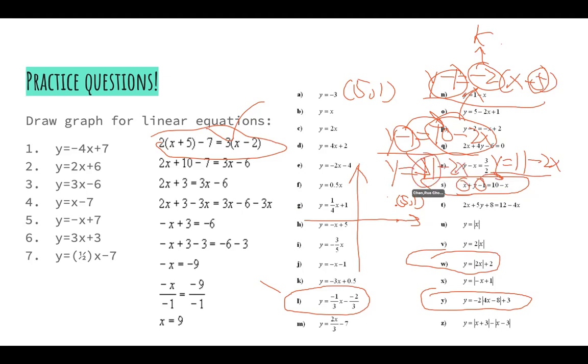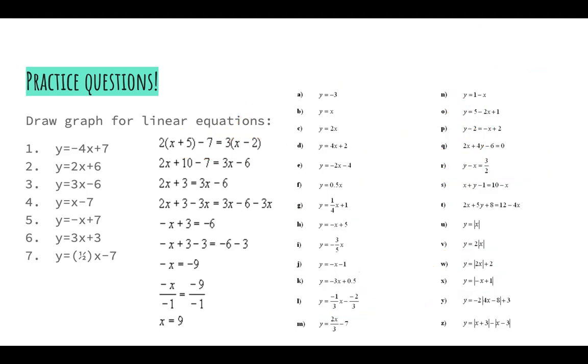So here we can see another point is 0, 11, and we connect the 2 points. And this is the graph of question S. So if you do this question using this method, you don't have to get in touch with things like fractions or decimals.